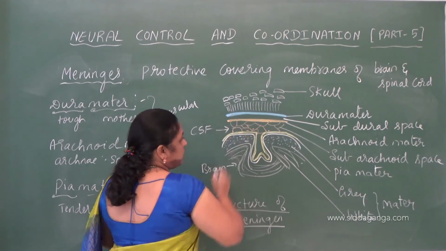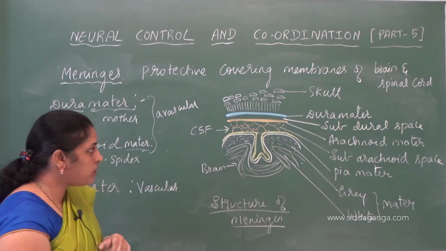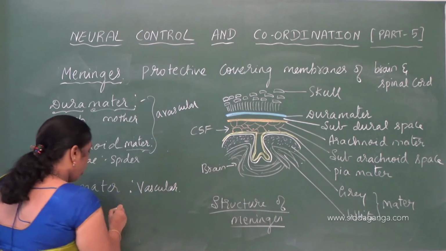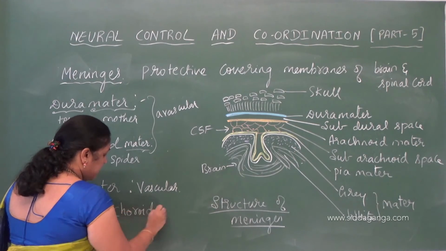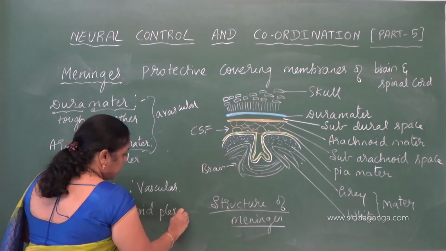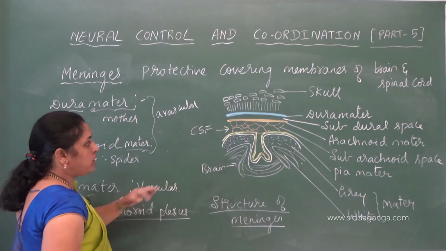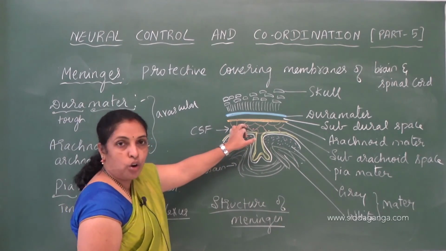Cerebrospinal fluid is present in subarachnoid space, produced by the choroid plexus, a collection of capillaries which extend from pia mater to subarachnoid space.